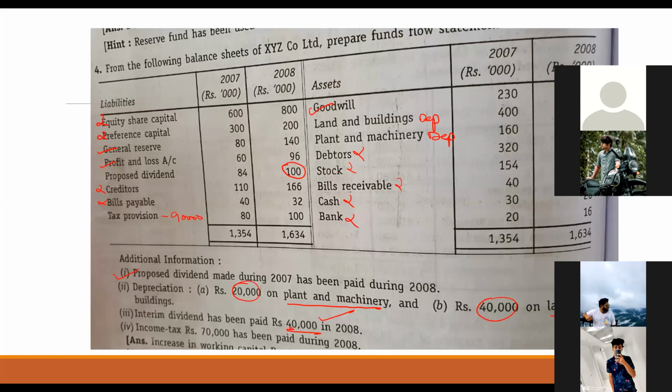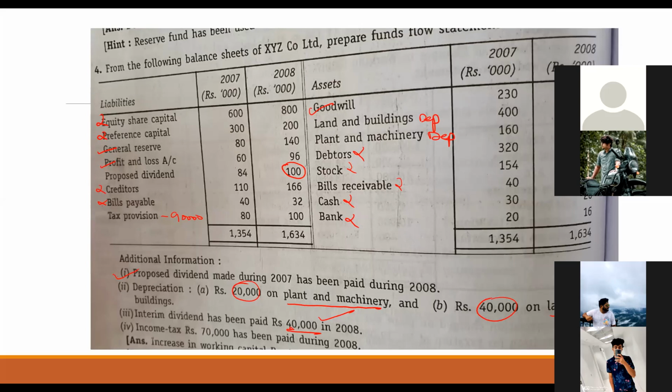Yes, sir. So what is the adjustment for proposed dividend? Sam, I'm trying. Actually, for proposed dividend we have three amounts: proposed dividend and interim dividend. 84,000 and 1 lakh are there in the balance sheet.